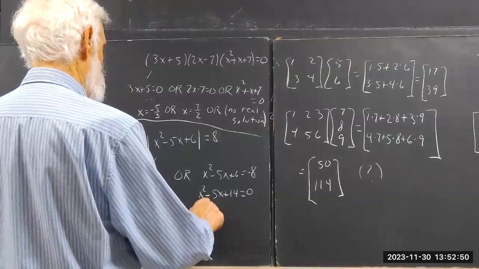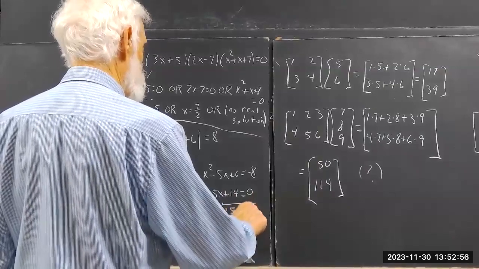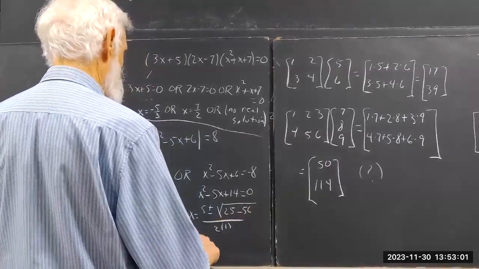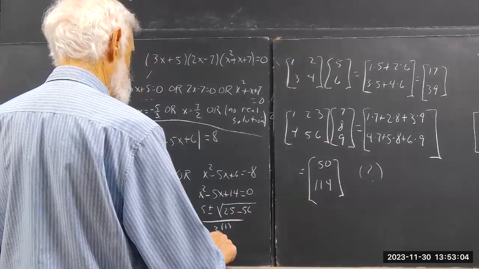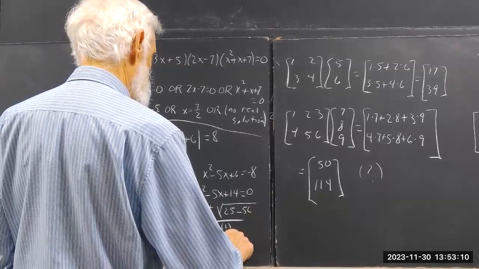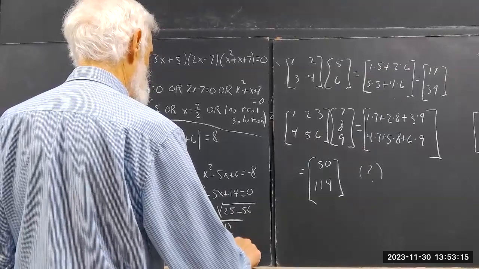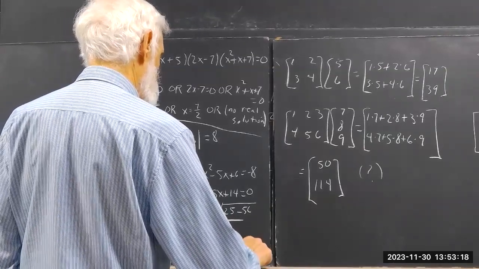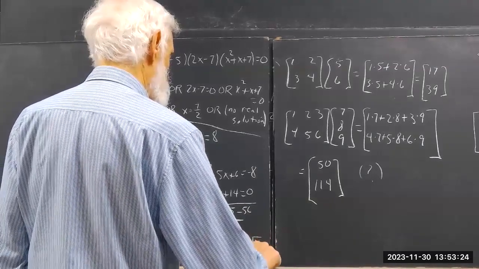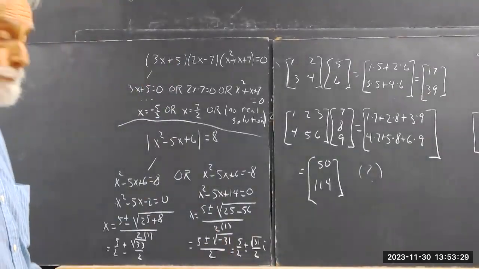X equals 5 plus or minus the square root of 25 minus 56 over 2 times 1 equals 5 plus or minus the square root of negative 31 over 2, which is, of course, 5/2 plus or minus the square root of 31 over 2 times i. But it's not real.